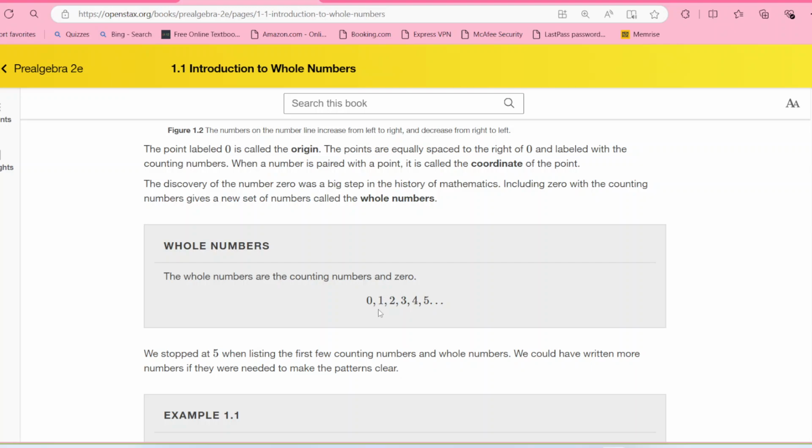So 0, 1, 2, 3, 4, 5, 6, 7, 8, 9, 10, dot, dot, dot, and so on. They stopped at 5 in this box when listing the first few counting numbers and whole numbers. We could have written more numbers if they were needed to make the patterns clear.